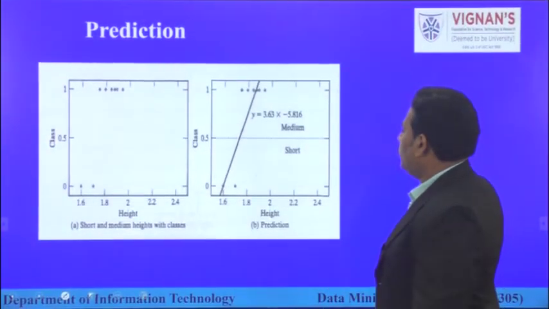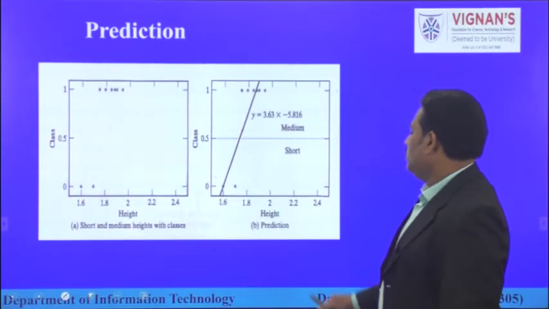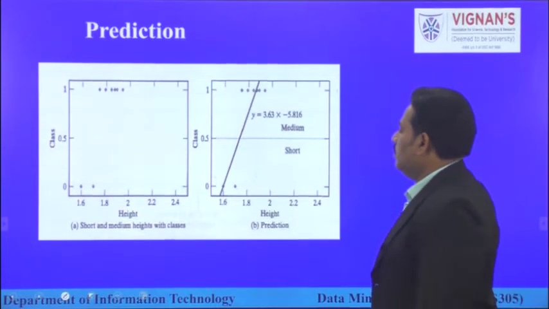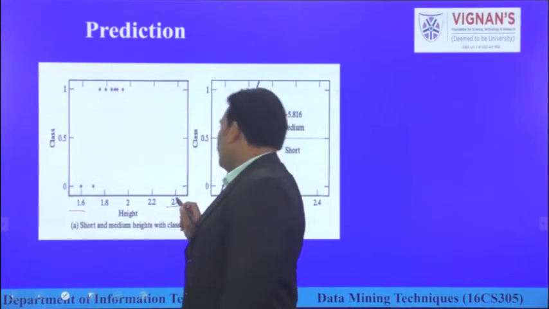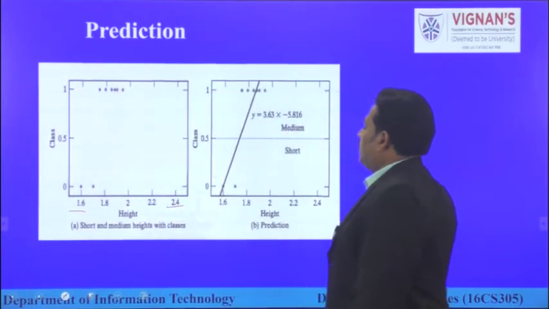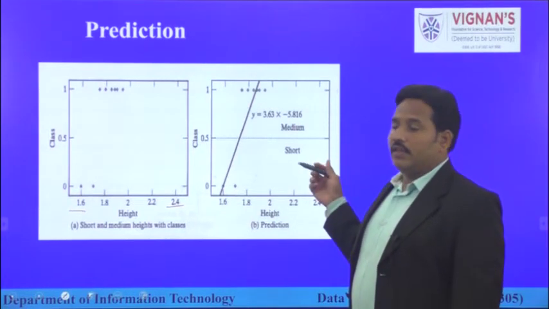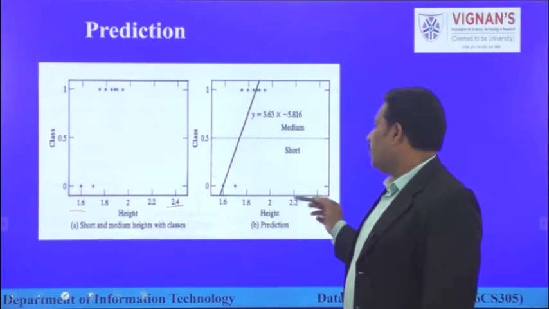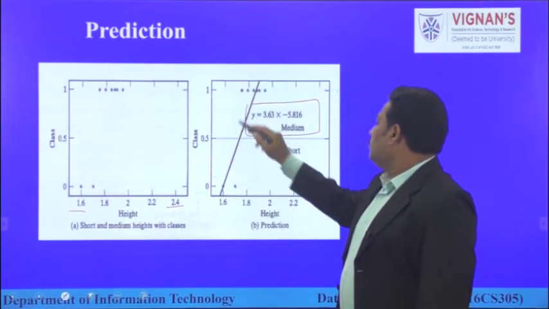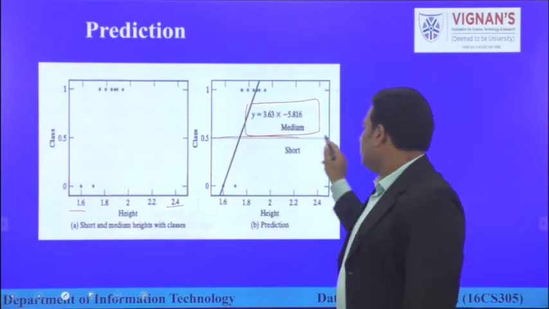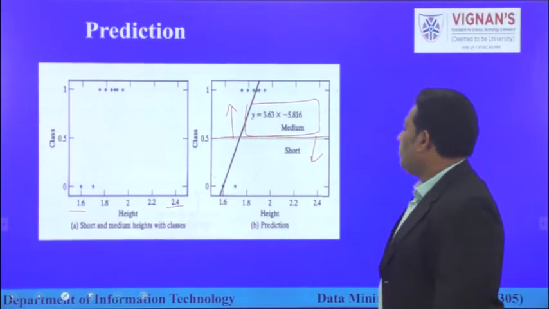And we want to predict that value, that is height prediction. Look carefully here. The height of the person varies from 1.6 meters to 2.4 meters maximum. When we are trying to predict the height, because we don't know the actual value, we got two regions: region 1, which belongs to short, and region 2, which belongs to the medium range.